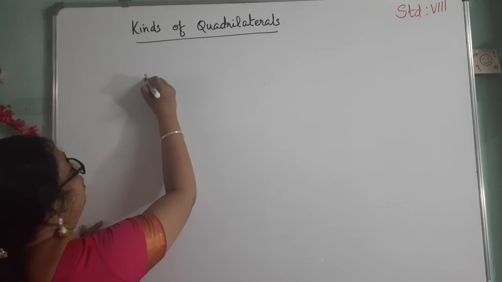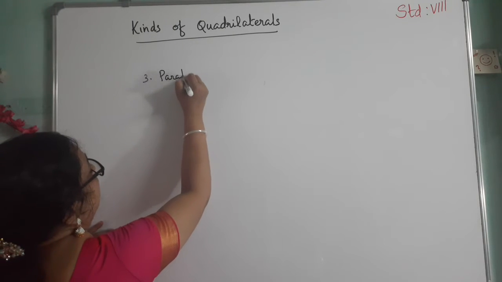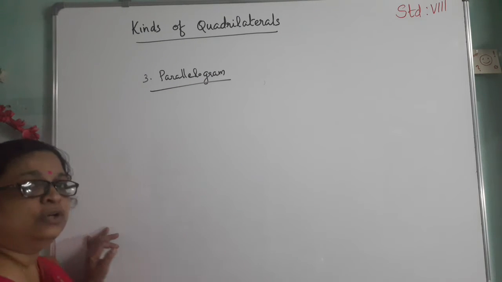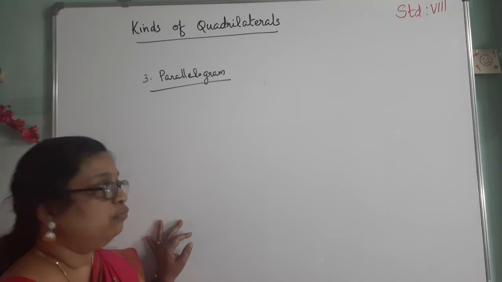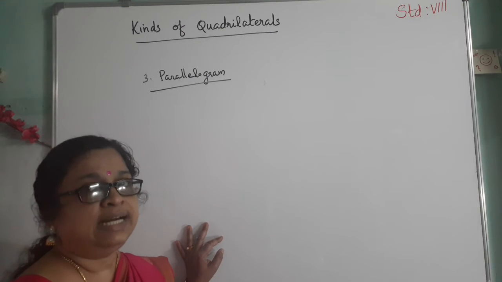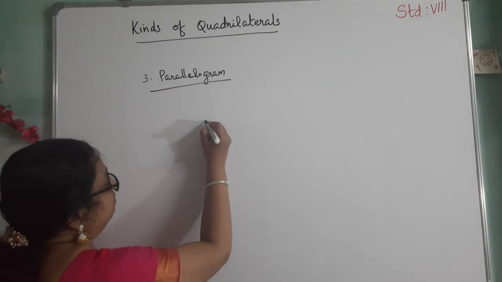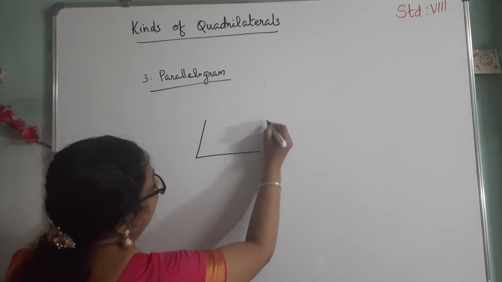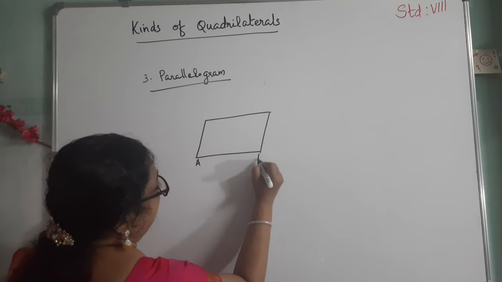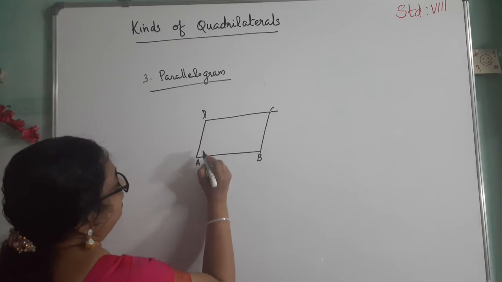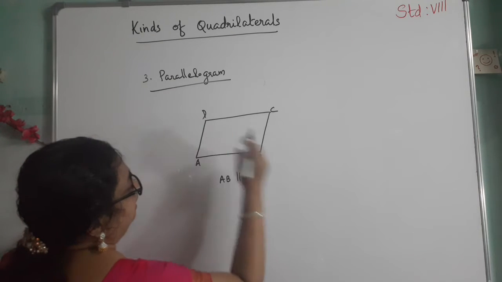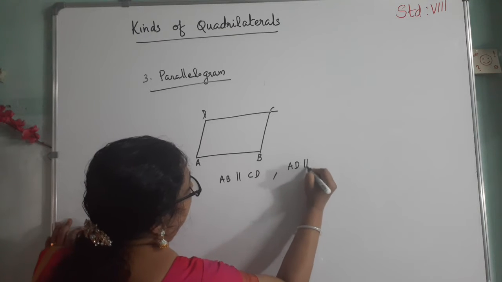The next one, parallelogram. It is also a quadrilateral, that is four sides and four angles are there. So it is a quadrilateral whose opposite sides are parallel. That is, in this way we can draw. Then name them A, B, C, D. Then AB is parallel to CD and AD parallel to BC.